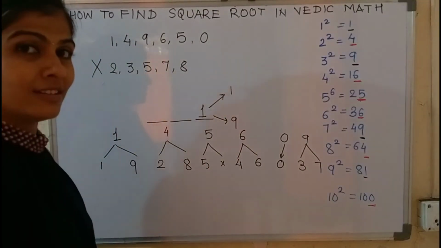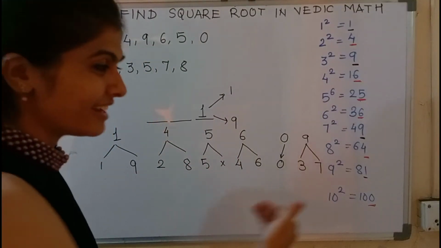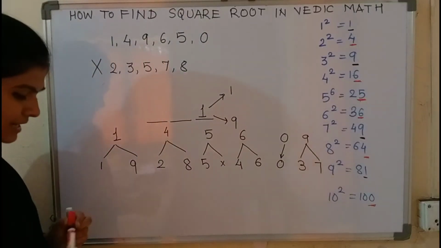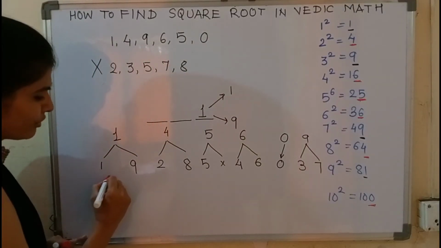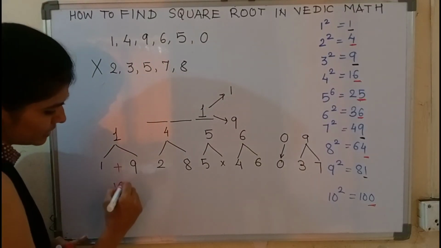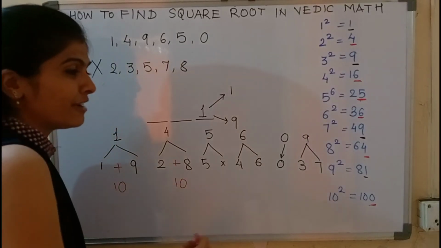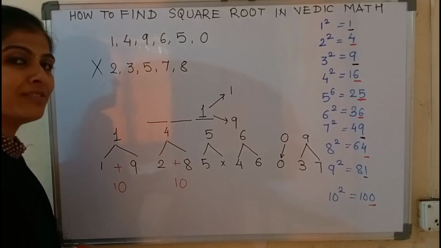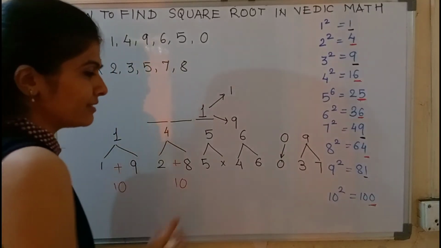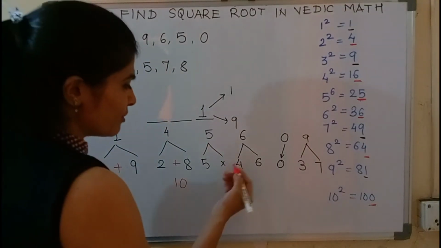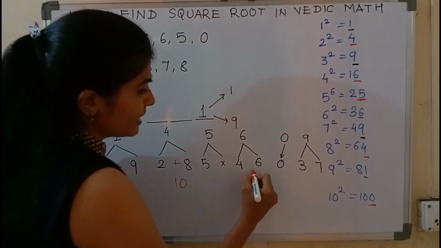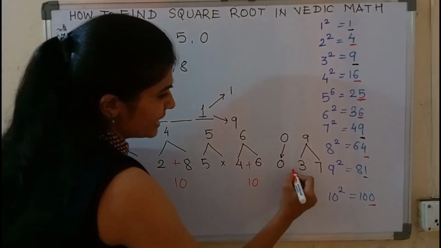Now, what is the importance of it? Why did I write it in pairs? You can see that these numbers are tens complements of each other. If I add them, 9 plus 1, 10. Interesting? And the tens complement of 5: how do we find the tens complement? We subtract that number from 10. If I subtract 5 from 10, it would be 5. So there is just one pair, right? If I add both of them, this is 10.